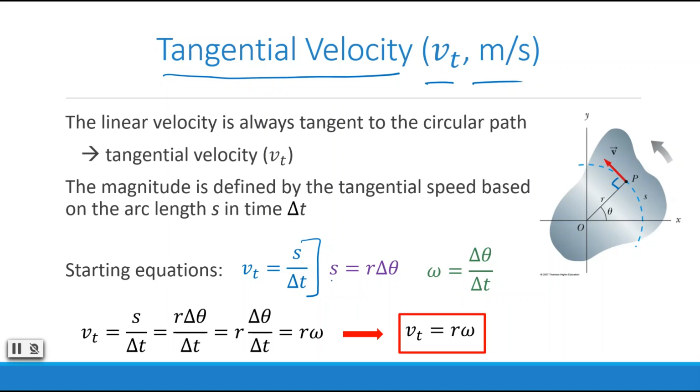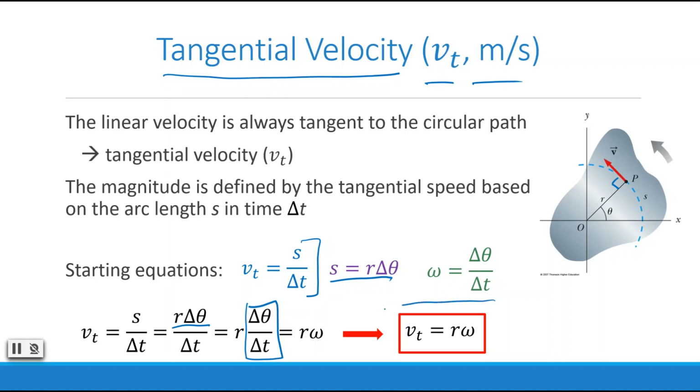So if you sub in that our arc length is going to be r times delta theta, then you end up with r times delta theta over delta t. You can rearrange that and get delta theta over delta t, which is the same thing as omega.